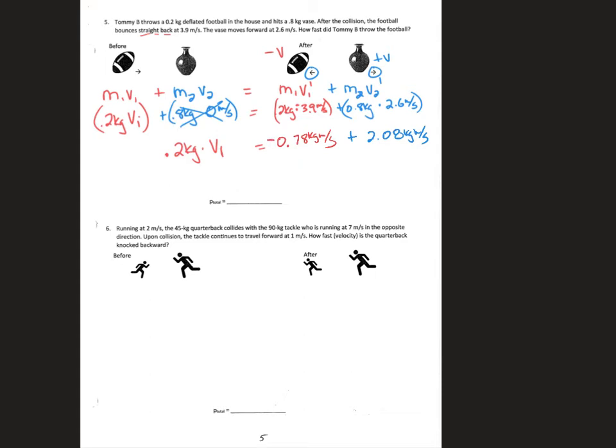So when we combine our momentums on the left side, negative 0.78 plus 2.08 gives you a total net positive momentum, 1.3 momentum units. To get my V1, my initial velocity, of course we have to divide by 0.2, and you get a V1 of 6.5 meters per second.